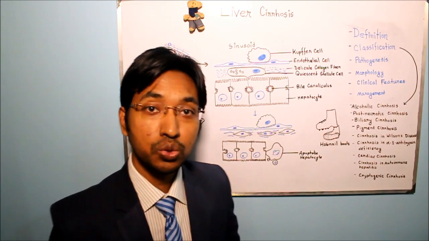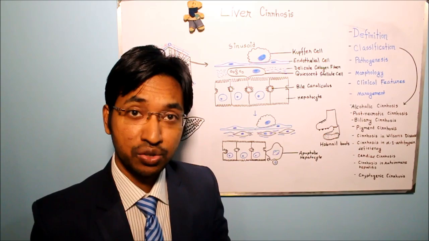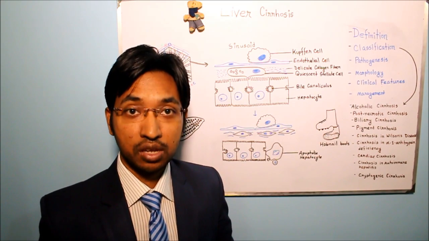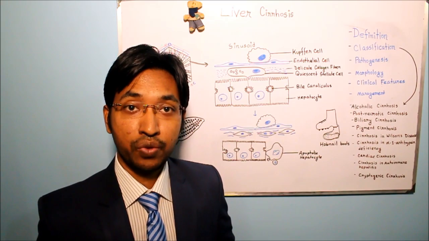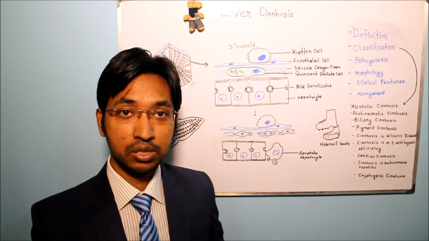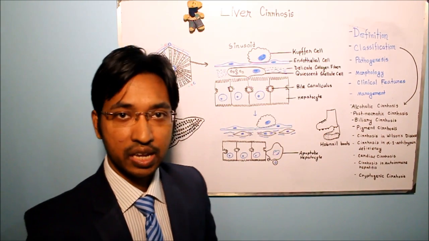So what are the stimuli that can activate an inactive hepatic stellate cell into its active form? They will include chronic inflammation. For example, in chronic inflammation, a variety of cytokines are released, for example tumor necrosis factor, interleukin-1 beta, lymphotoxin. All these things may activate the hepatic stellate cells.